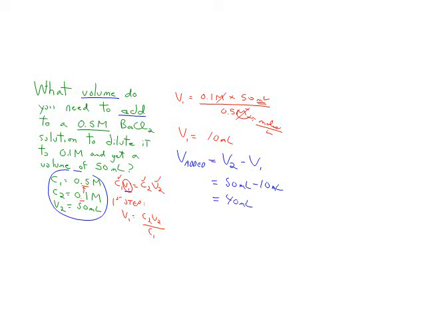Therefore, I take 10 from whatever I had, I add 40 to dilute it, and I end up with 50. So we can see here that our concentration goes down 5 times. It's 5 times less, and that's why the volume is 5 times more. This is it. Thank you.